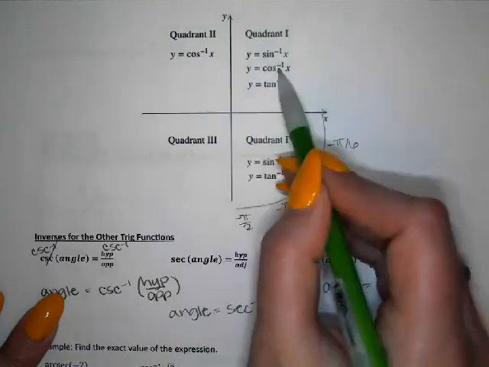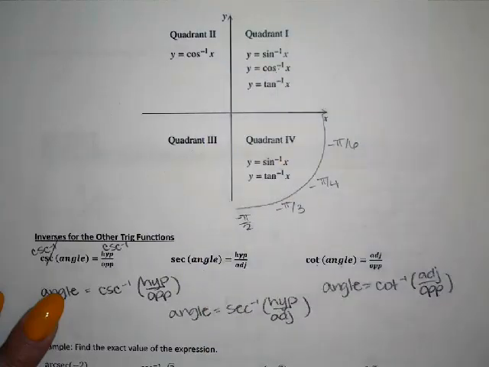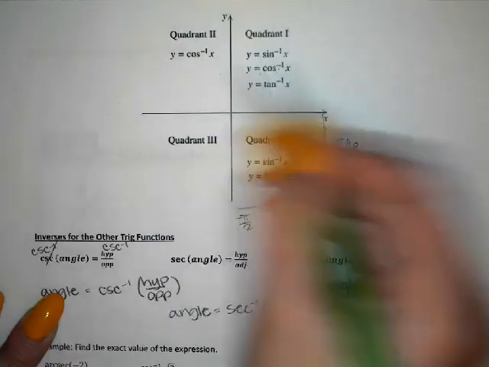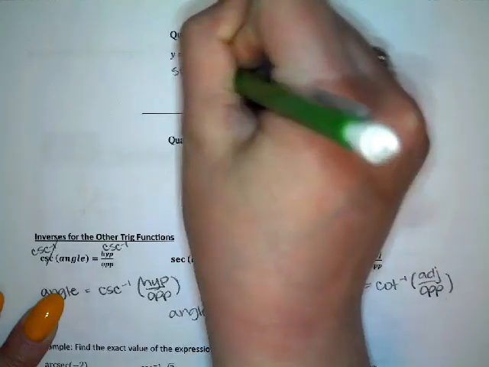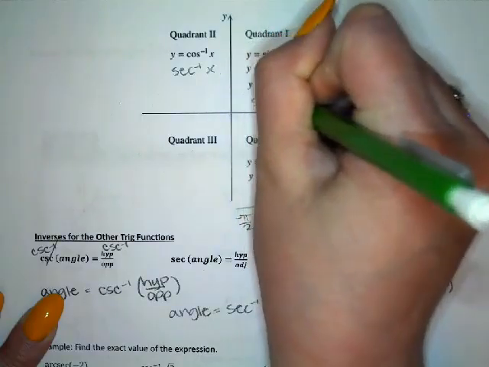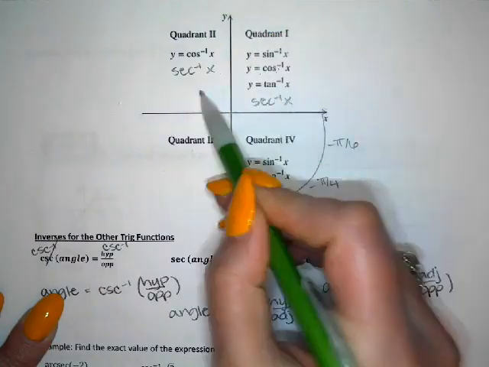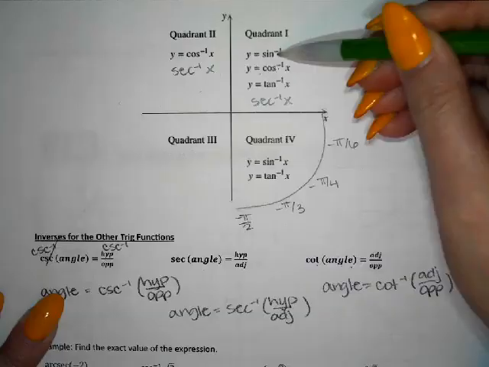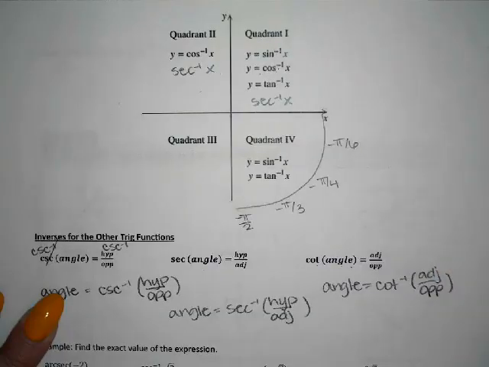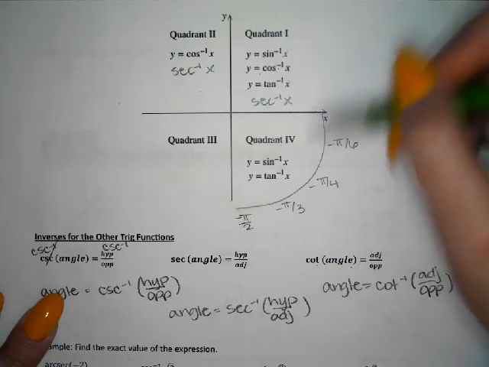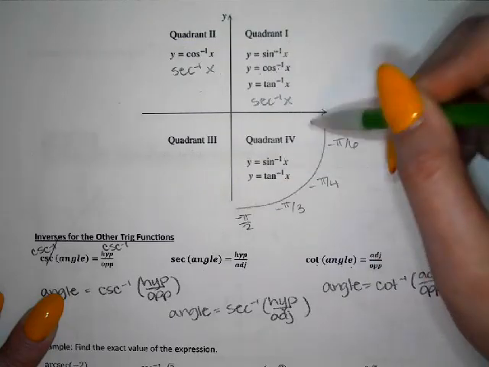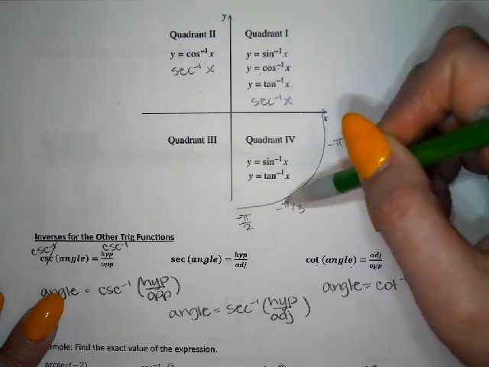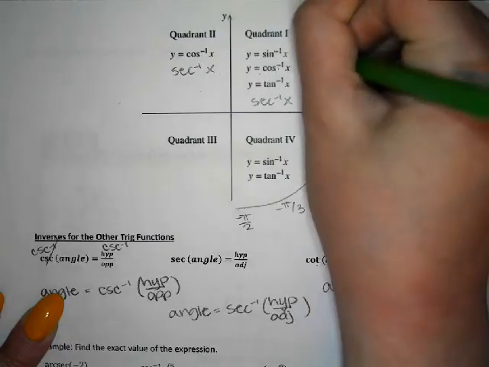So with cos inverse, if you take the reciprocal and we do secant inverse, we look in the same quadrants as cos. So I'm going to write secant inverse of x here. We're going to look in quadrants 1 and 2. Sine and cosecant are reciprocals of each other, so these are also a little bit intuitive. Sine, you look in quadrant 1 and 4, and when you get a quadrant 4 answer, you write the negative angle measurement. Same thing is true for cosecant.